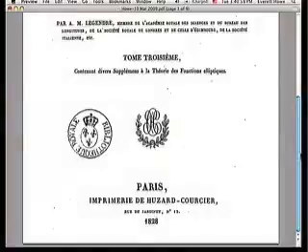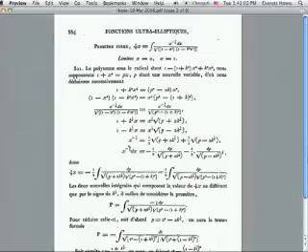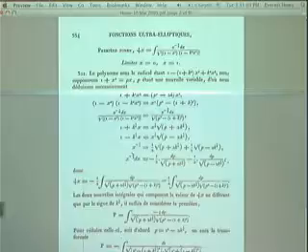And at the very end of his treatise on elliptic functions, he talks about ultra-elliptic functions. And so what he's concerned about here is, as people were, computing the values of integrals.